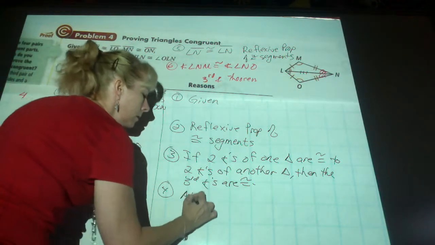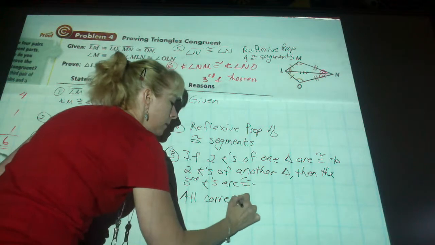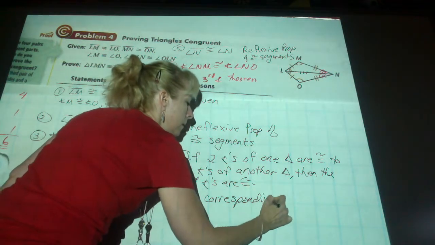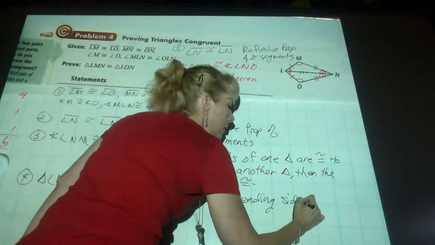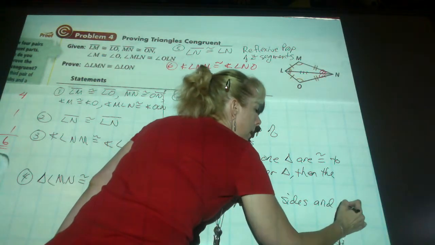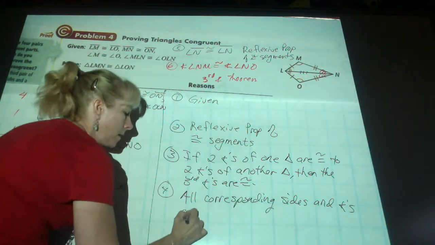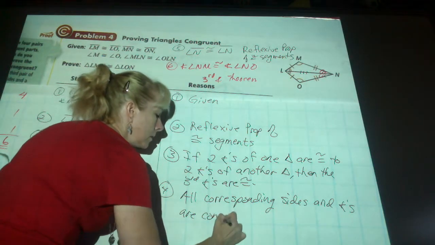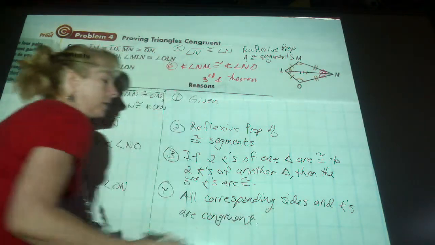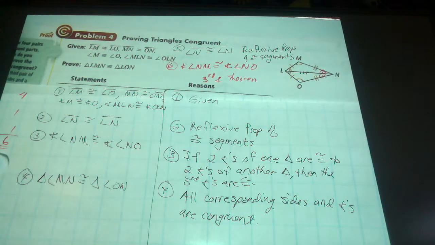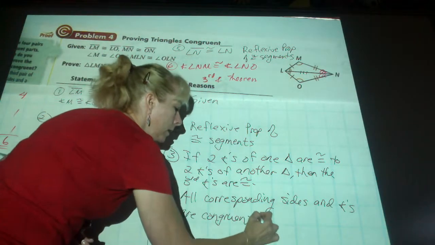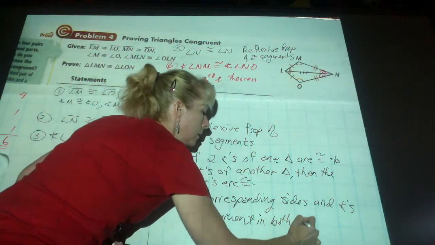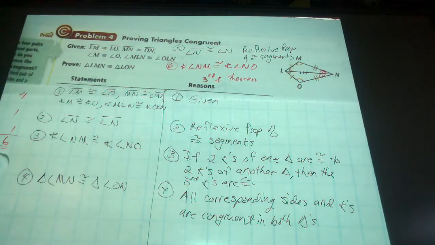So all corresponding sides and angles are congruent. I think your book is going to say definition of congruent triangles, but you have to write it out. All corresponding sides and angles are congruent in both triangles. Fairly straightforward, simple proof. Learn the progression.